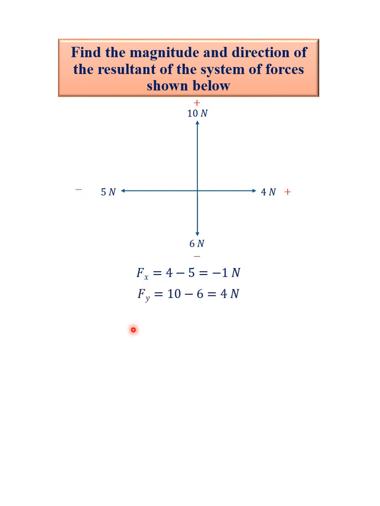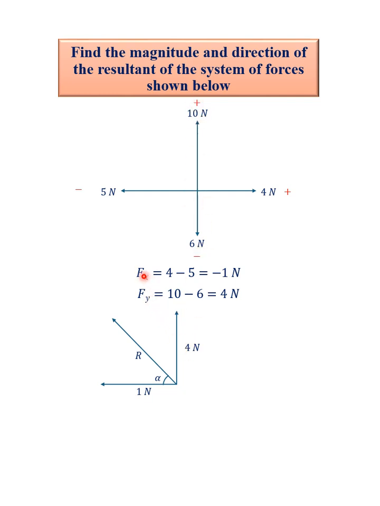Similarly, the sum of the vertical force, Fy, is going to be 10 minus 6, and that gives us 4 Newton. Positive 4 because the resultant force is to the north, so that we can draw the effects of the forces as this. You can see that we've drawn the 4 Newton force to the north, because to the north we said positive.